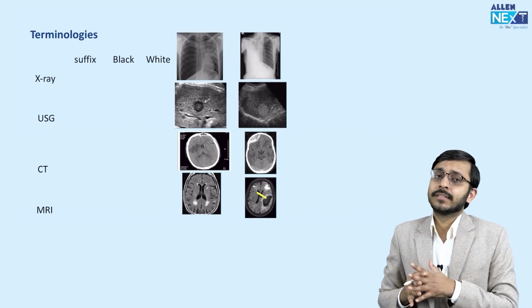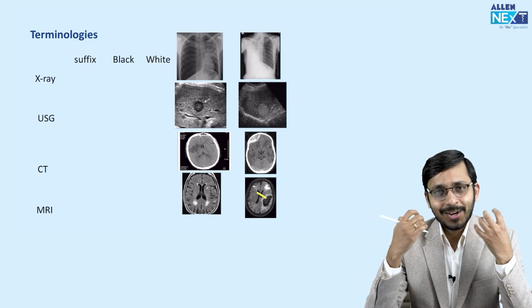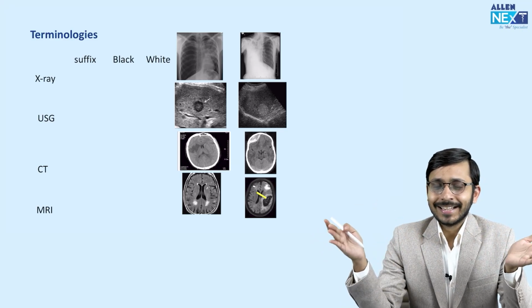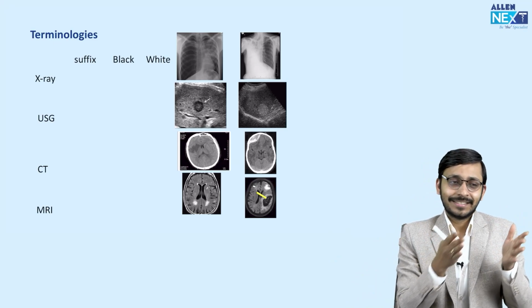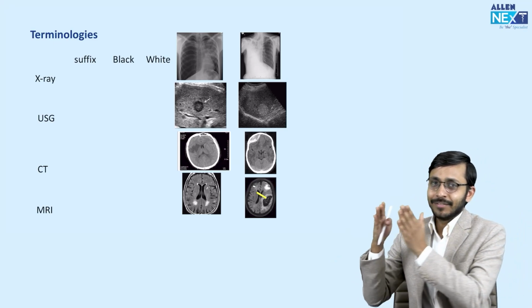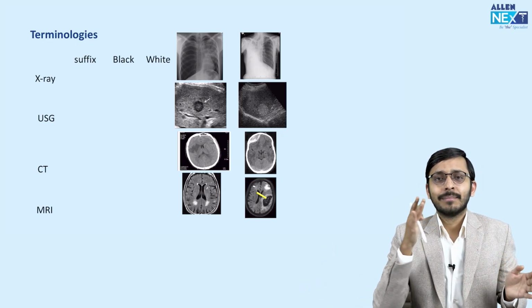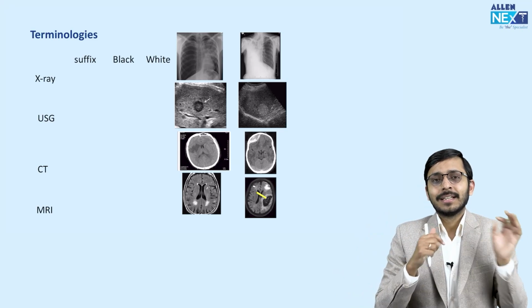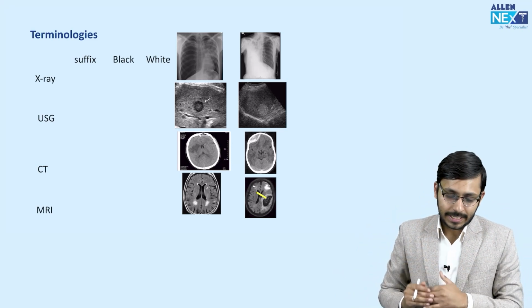Now coming to the various terminologies that we use in radiology. In radiology, everything looks either black or white. So we deal with 50 shades of gray. Either one thing is very black or one thing is very bright, and there are a lot of shades in between. Based on these, we have put in some words for each and every modality.